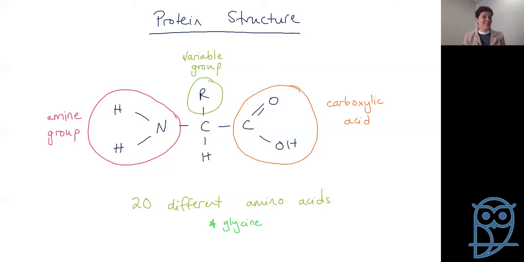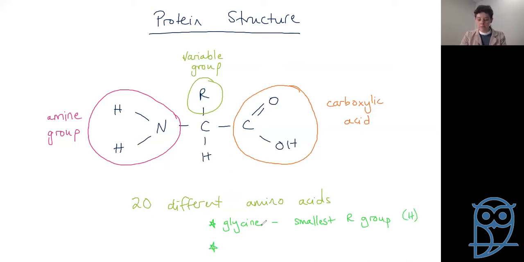That has knock-on effects on the structure of any protein that has glycine in it, particularly if there's lots of glycine. So glycine has the smallest R group, which is just the hydrogen.